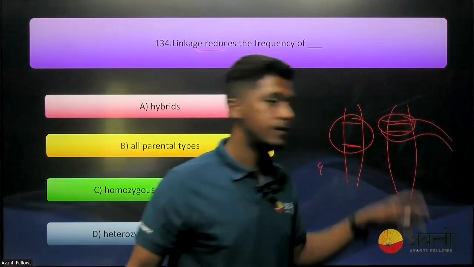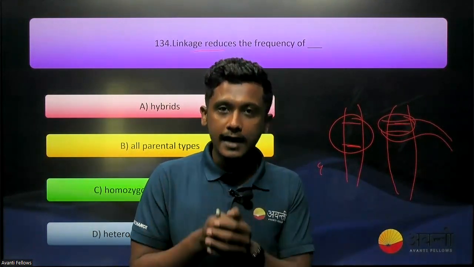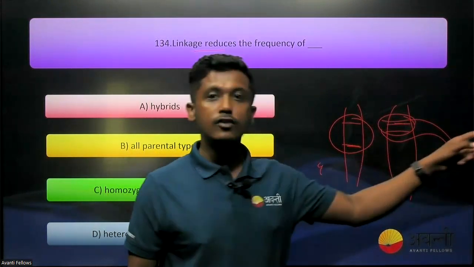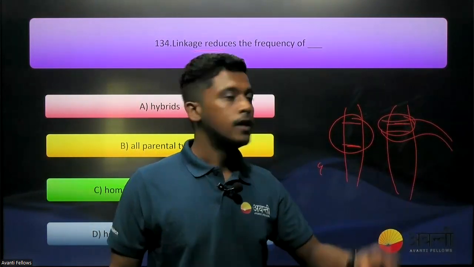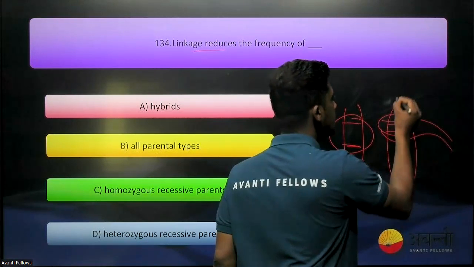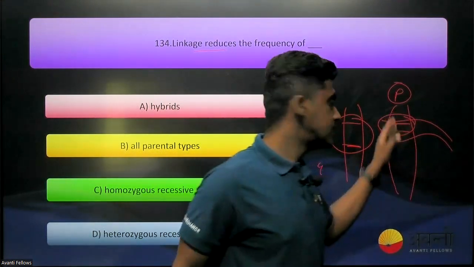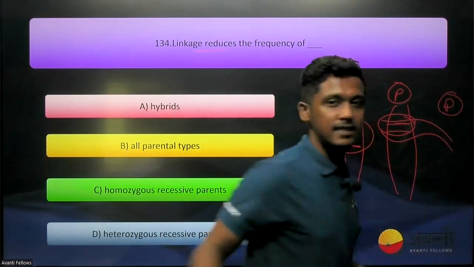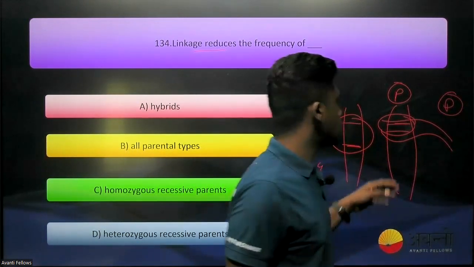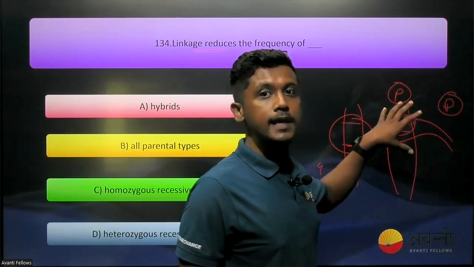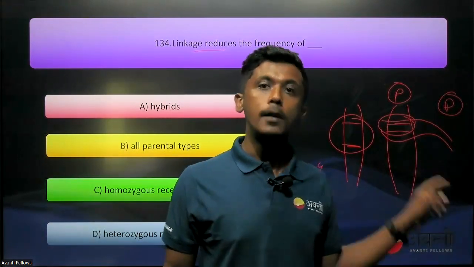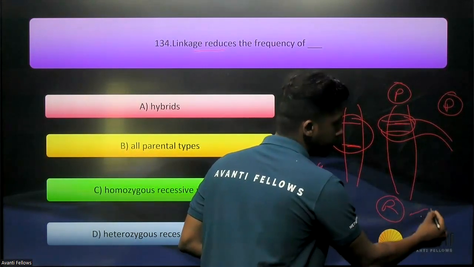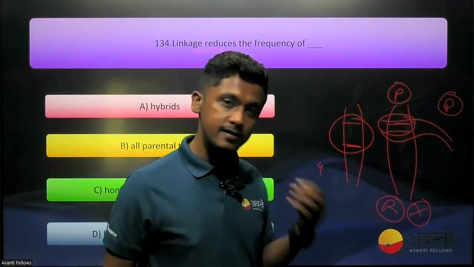So very closely present genes will get transferred to the next generation. That means the parental genes, just as they were, will go to the next generation. So parental characteristics get preserved, and non-parental or recombinant characteristics will be very few, or will not be seen at all.